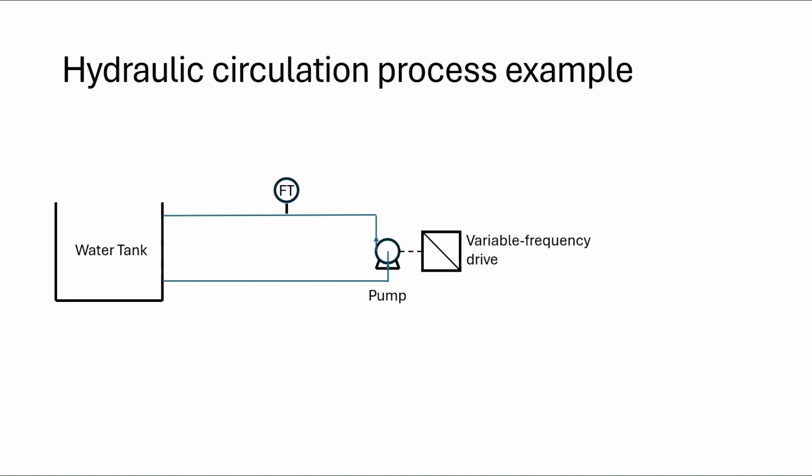And what the digital twin will now do is take the output of the PLC, which will be the 0 to 100% signal from the PLC to the VFD, so for the speed of the pump.